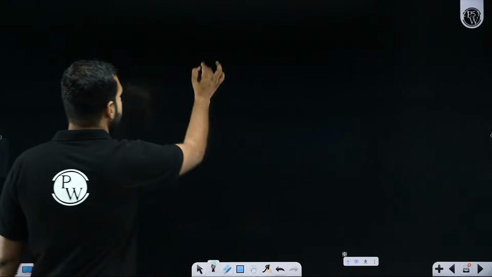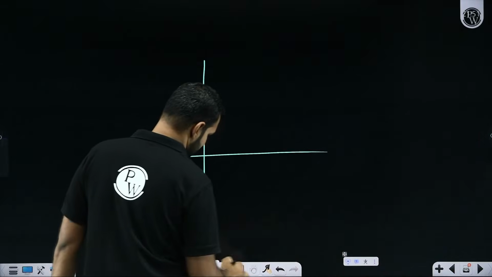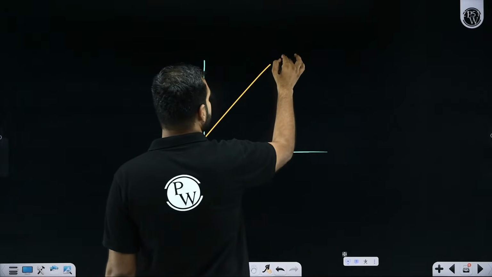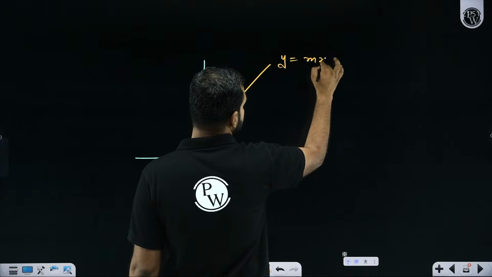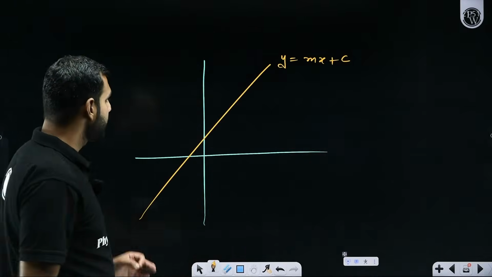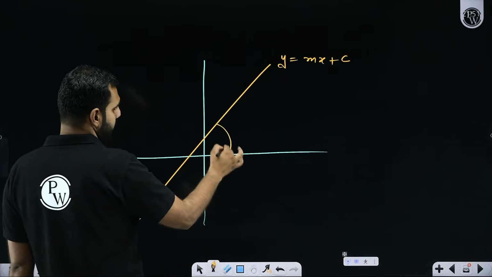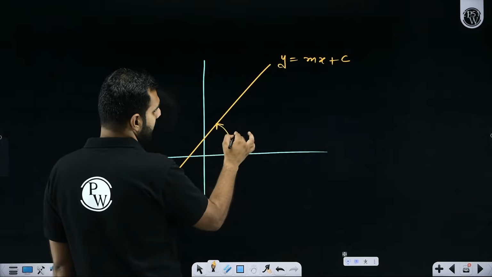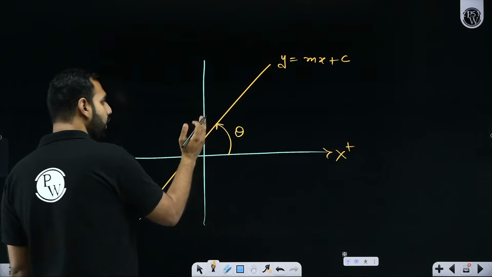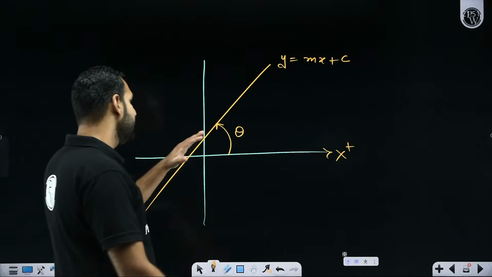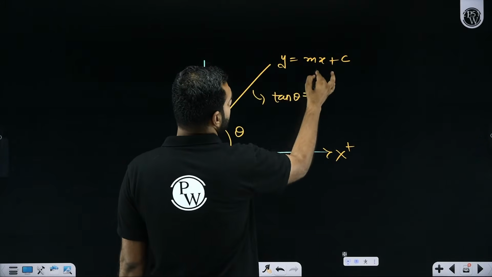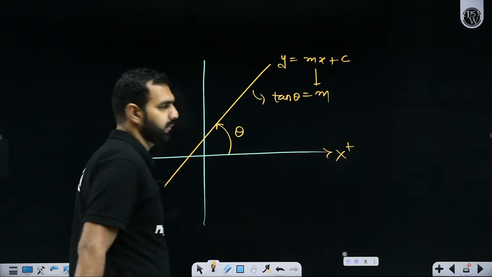Let's say this is your y-axis, this is your x-axis, and that's your straight line, given by y is equal to mx plus c, a linear equation in two variables. Then this straight line makes an angle theta with the positive side of the x-axis in the anti-clockwise direction. If I take its tan ratio, it will be called the slope of the line. I hope you know that.